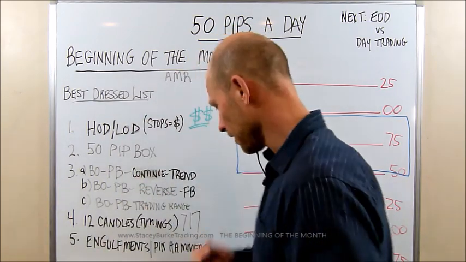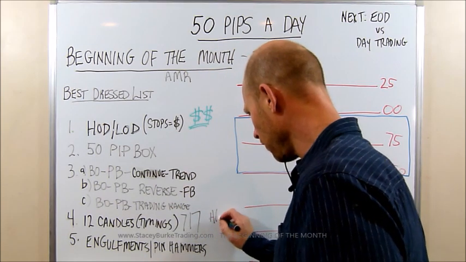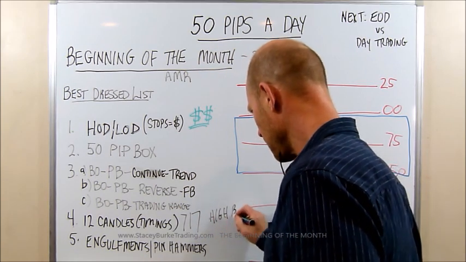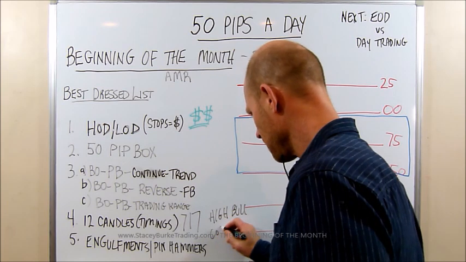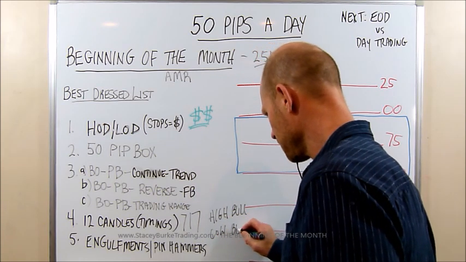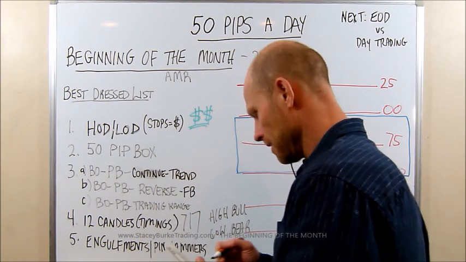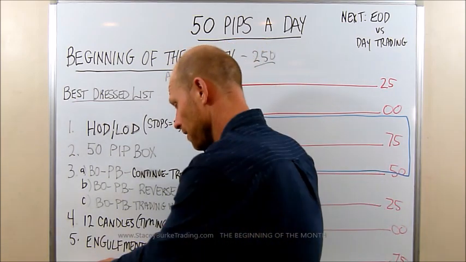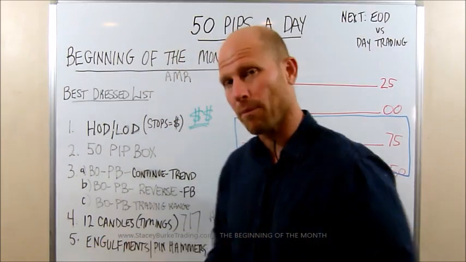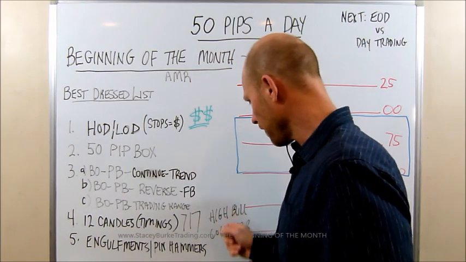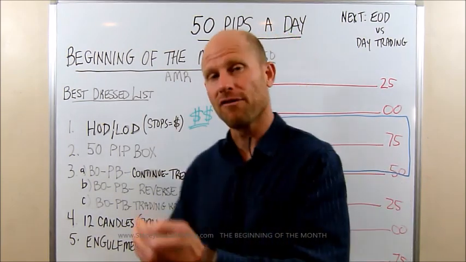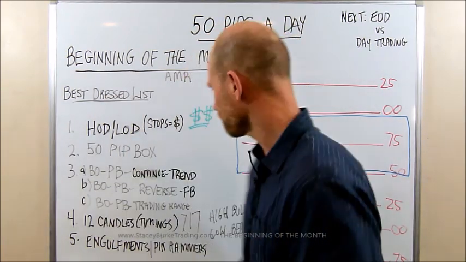And this is where I talked about the high bull and the low bear, meaning the lowest bear candle and the highest bull candle, because sometimes you will get 2, 3, 4-bar patterns that eventually engulf the high bull or the low bear for the move in the opposite direction.